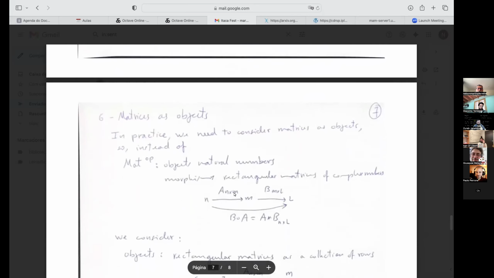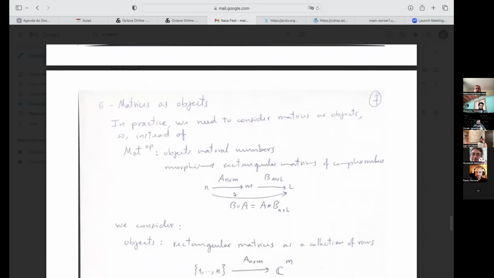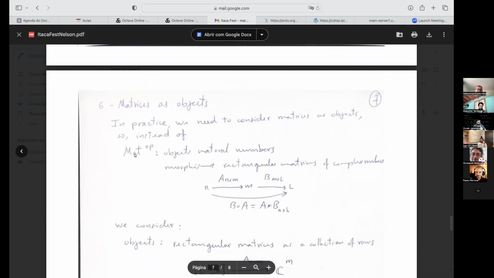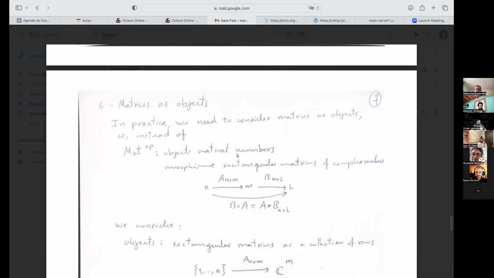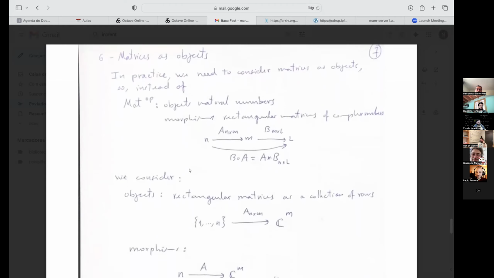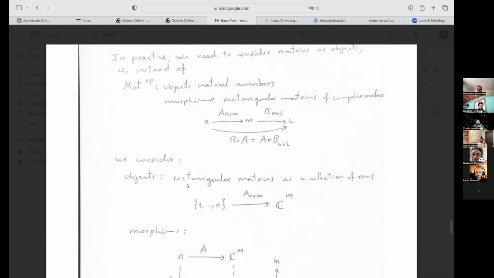Okay, now, in practice, we need to consider matrices as objects. So instead of the dual of the category of matrices, with the usual objects, natural numbers, and morphisms being matrices, we consider objects as matrices.